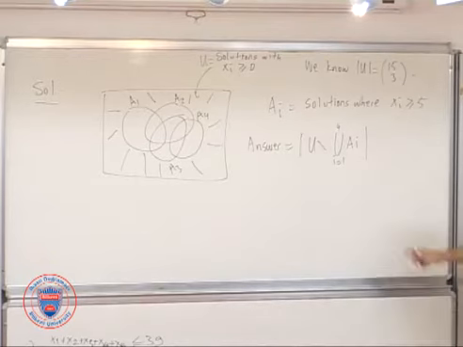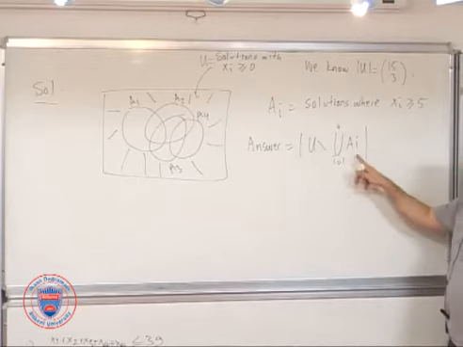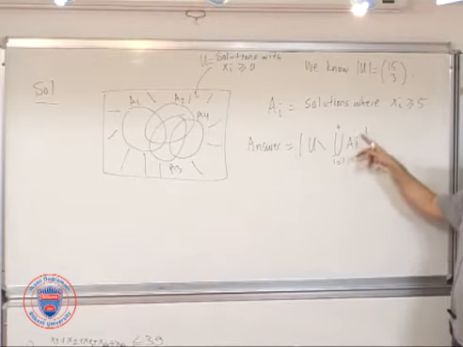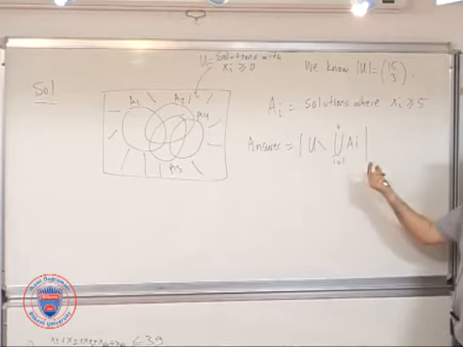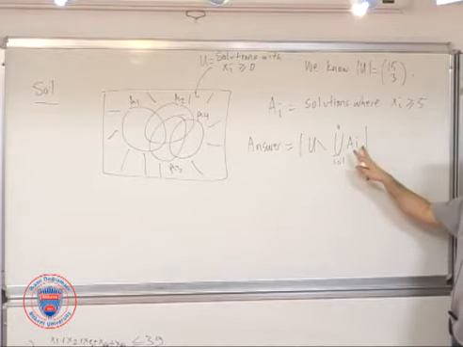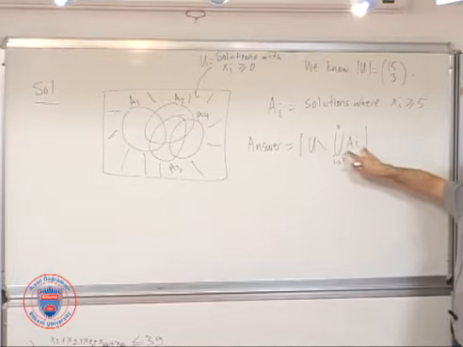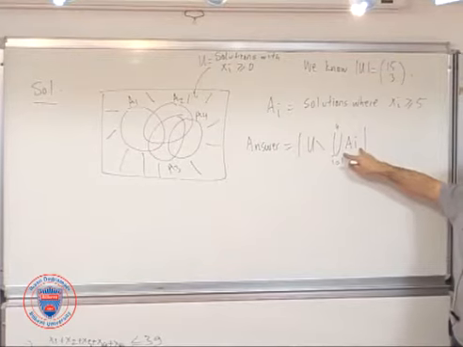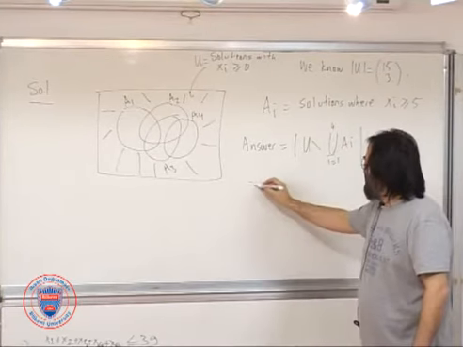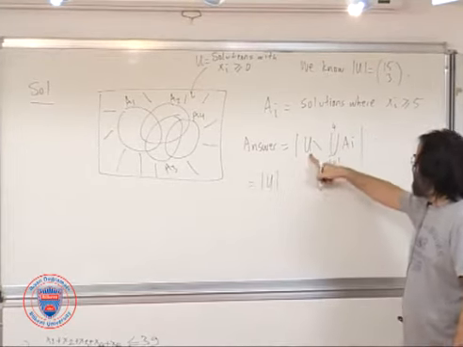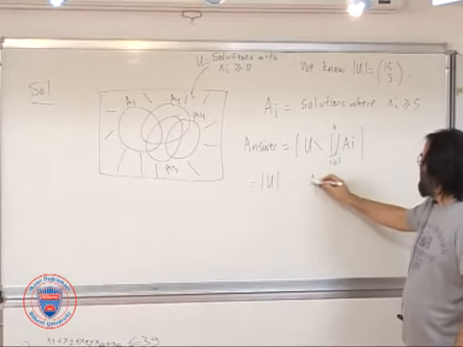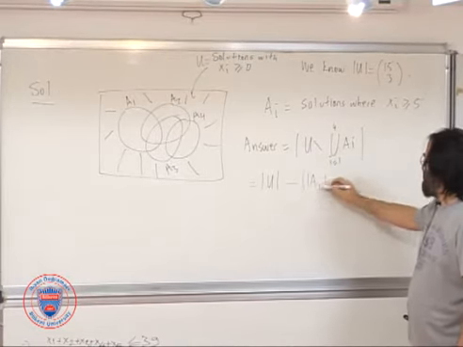And we have seen on Friday that when you have a union, the number of elements can be counted by a formula that involves the elements in the sets and the elements in the intersections of two sets. So this will be the elements in U minus the elements of each of these.